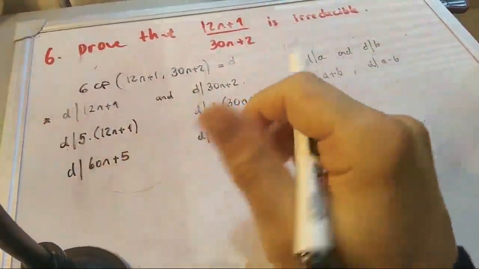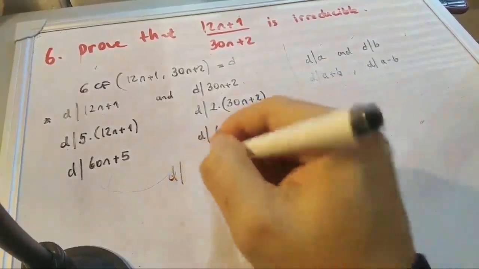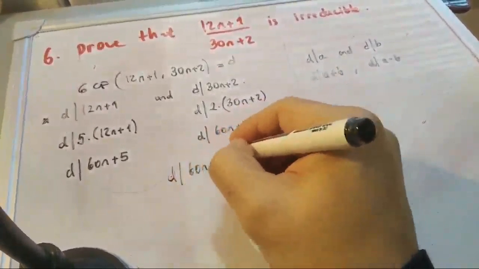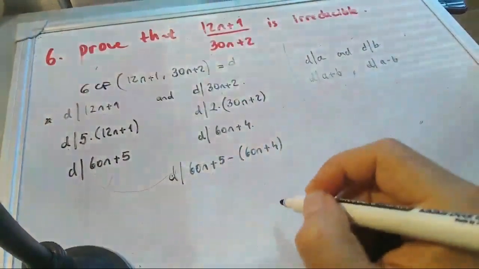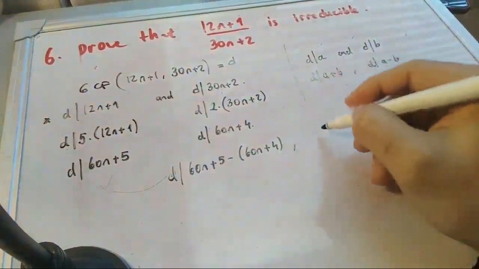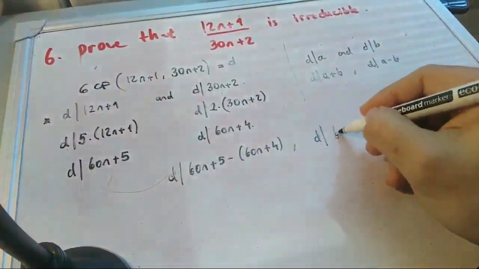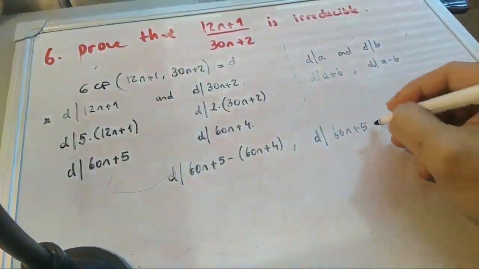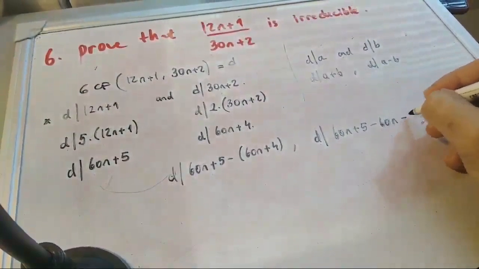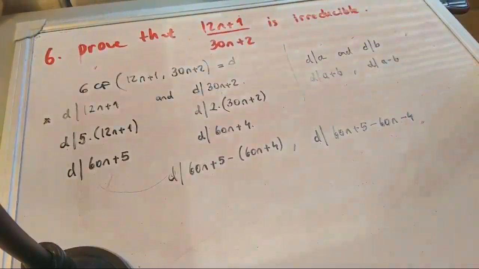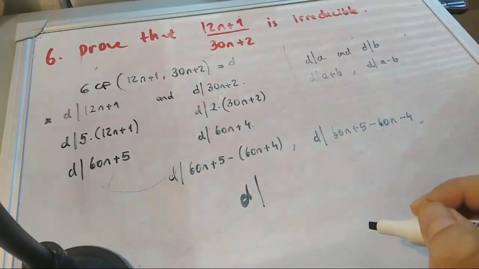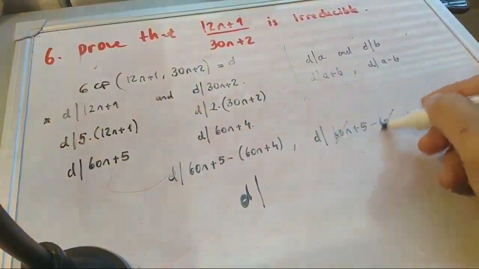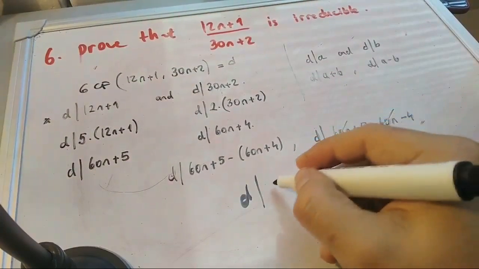So I will take the difference. d divides (60n plus 5) minus (60n plus 4), which means d divides 60n plus 5 minus 60n minus 4. So it will be d divides, cancels each other out, 5 minus 4 is 1.